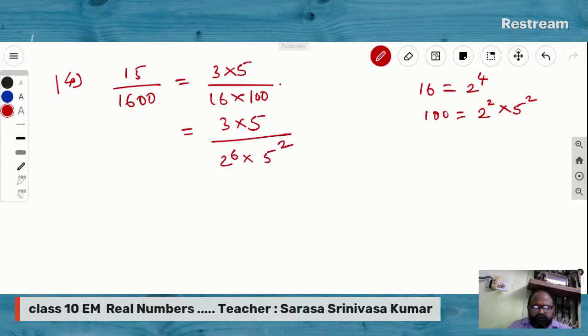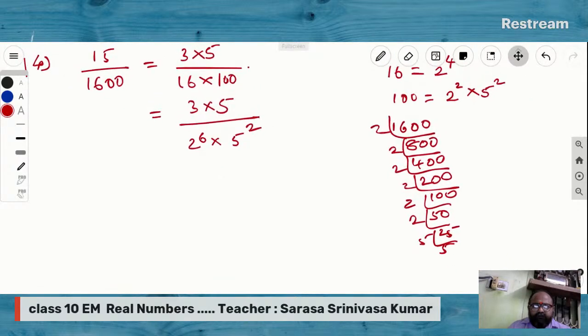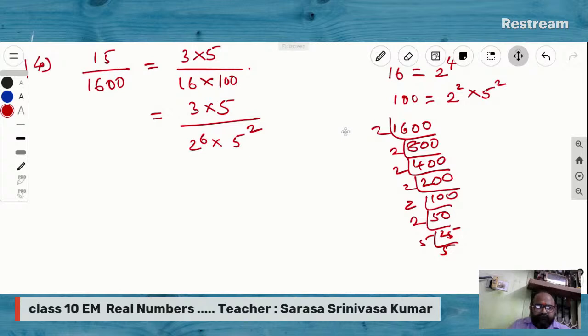Otherwise, we can do the prime factorization method: 1600, 800, 400, 200, 100, 2 multiplied by 50, and again 2 multiplied by 25, 5 multiplied by 5. This is how we can find the prime factors: 2 power 6 multiplied by 5 square.